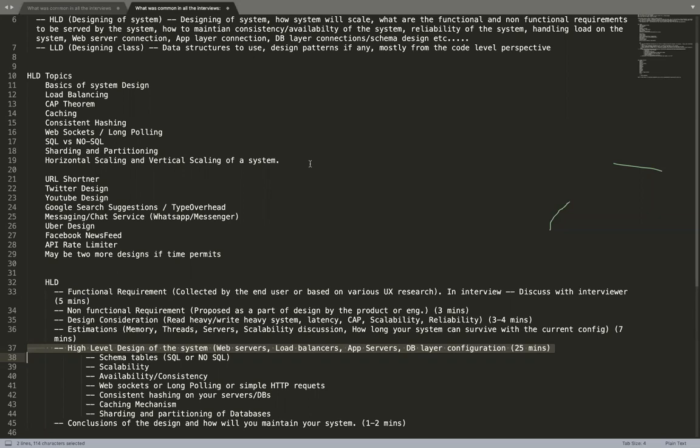But in general, when the system design term comes up, mostly they want to talk about the HLD, and then if required, they'll go into the LLD. System design is basically designing of the system. First you design the system, and if you want, you can go into the detailing of those systems. That is LLD.